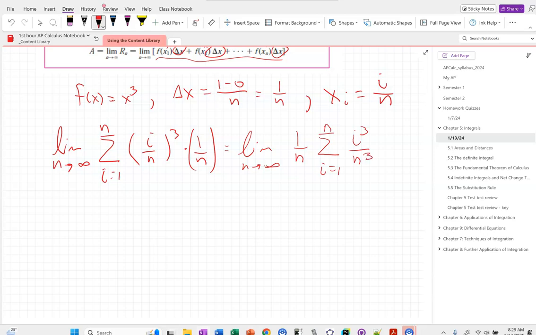And just like we did, we can take that n cubed and pull it out front of the summation because, again, that didn't depend on i.